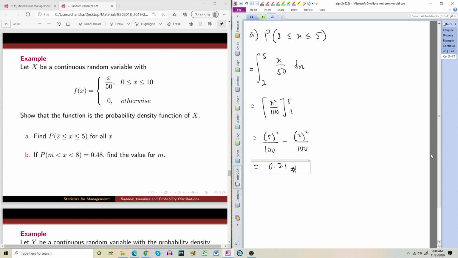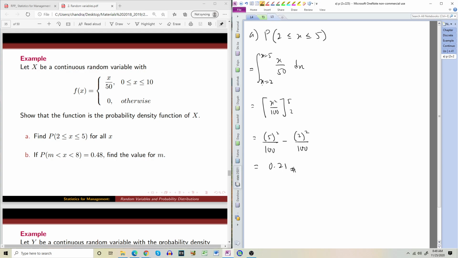Just for your understanding, normally in school they never teach you this, but it is supposed to be like this: x equal to 5, x equal to 2. This value is x actually.